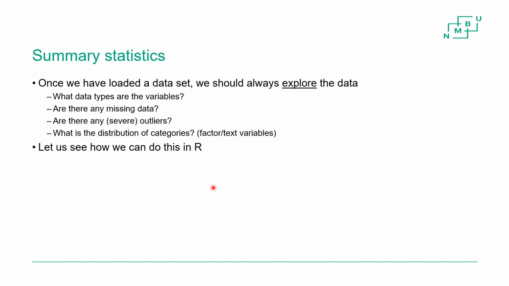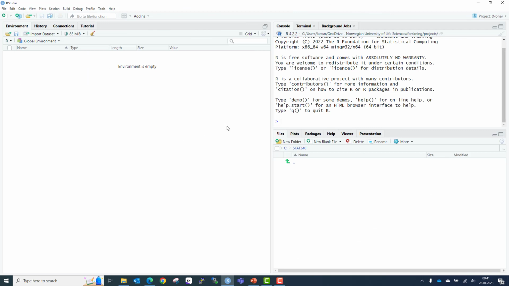So let's see how we can do this in R and at the same time start using RStudio. You will see I have these R sessions from time to time during these lecture videos. Okay, so here I have started RStudio now, and the very first thing I would like you to do is to create a folder where you can have your STAT340 stuff.